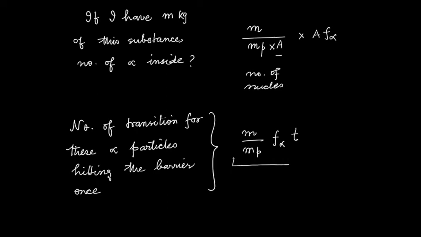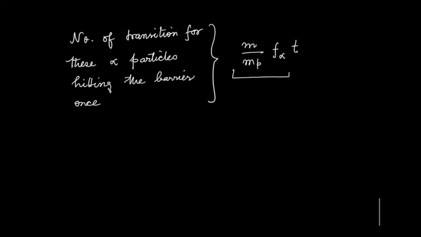So these are the number of alpha particles falling onto the barrier, and then the transition probability gives you the alpha particle outside the nucleus. And why did I say hitting the barrier once?